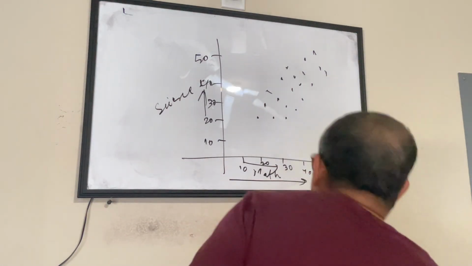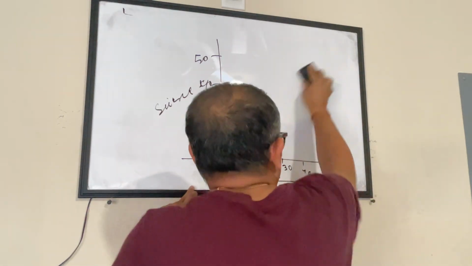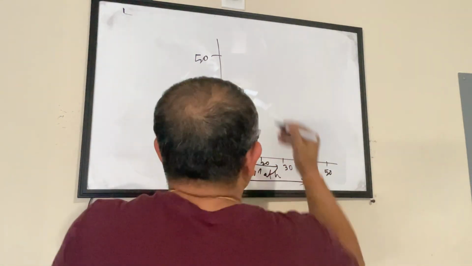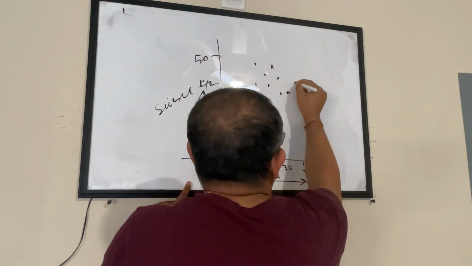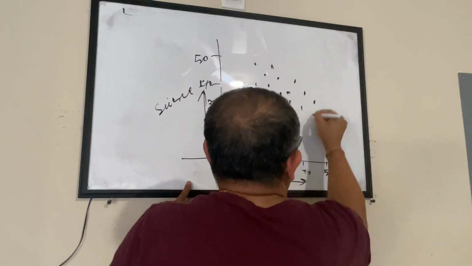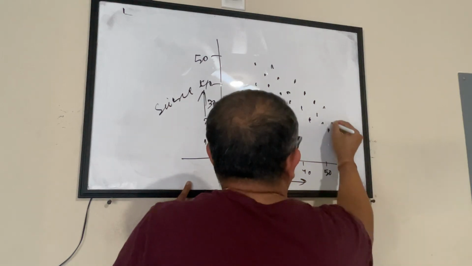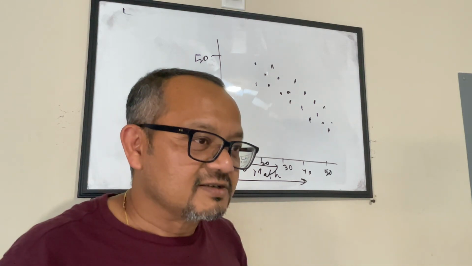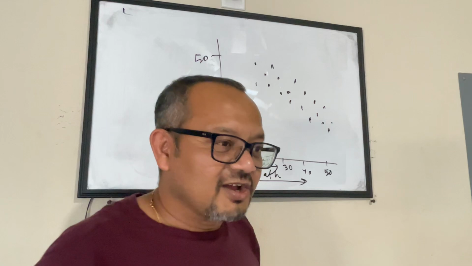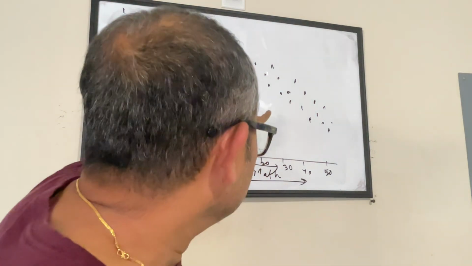Imagine if I had plotted the same data for 20 students or 40 students, and that would have resulted in something like this. Going down. Negative association. Because what you see here is this.